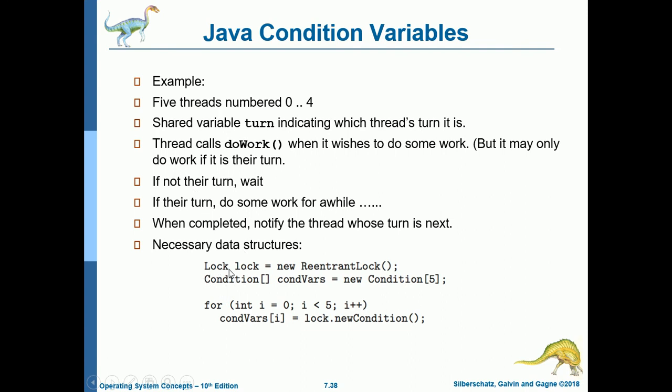So we have lock = new ReentrantLock. This is Java, the code is Java. Then an array of Condition, convars = new Condition, for 5 threads, so it's 5. And then we have a for loop: for int i = 0; i < 5; i++, convars[i] = lock.newCondition.